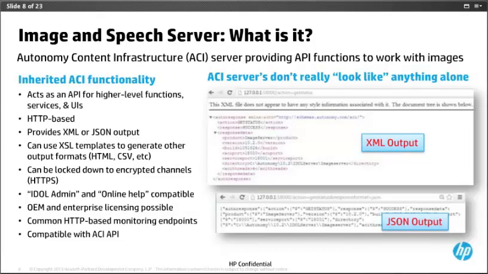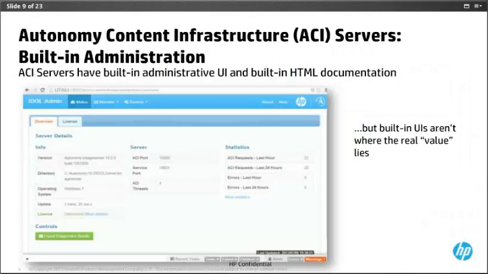This is important because you may use these components as part of a more comprehensive and elaborated infrastructure, or you may choose to leverage them by communicating with them directly. If you're not familiar with how to use these components, don't worry, the documentation is actually built into the product, and that's one of the great features of an ACI server: you can address it directly once you've got it up and running and ask it what the possibilities are for it to do for you.